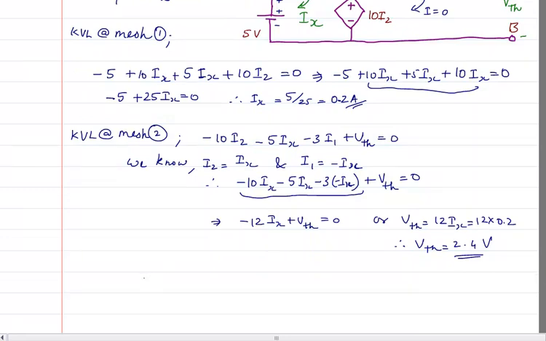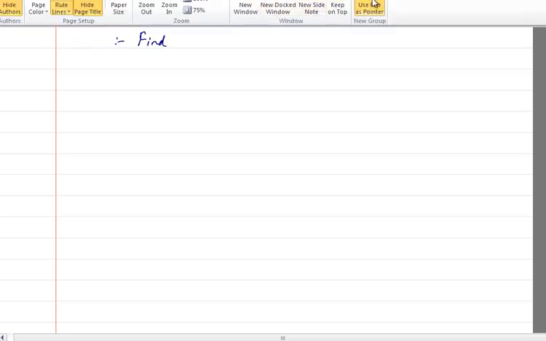Okay. So step 2 is, let me write in a different paper. So next is step 2, and step 2 is find IN, which is the Norton's current.